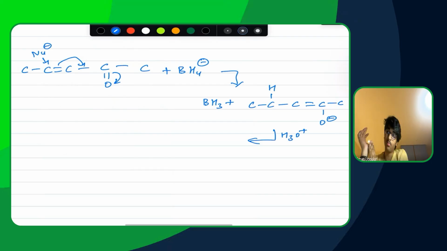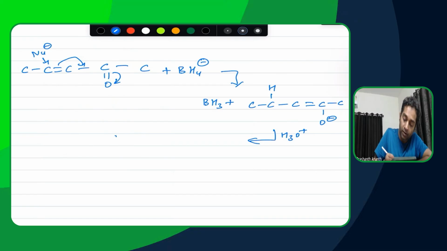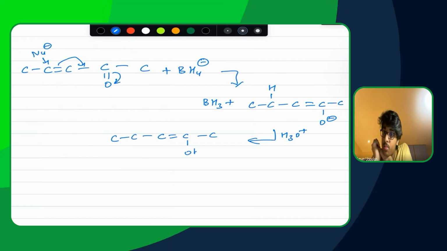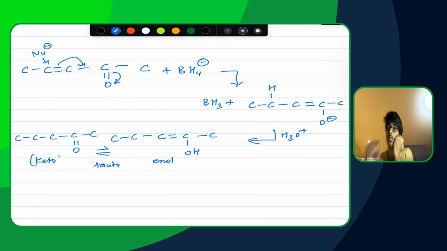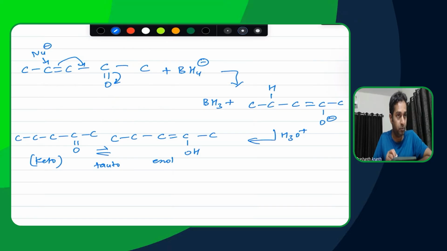Now when I put H3O plus, what will I be getting? OH. I'll get this, which is an enol, which will then tautomerize to give me the ketone. This is my 1-4 addition product now.